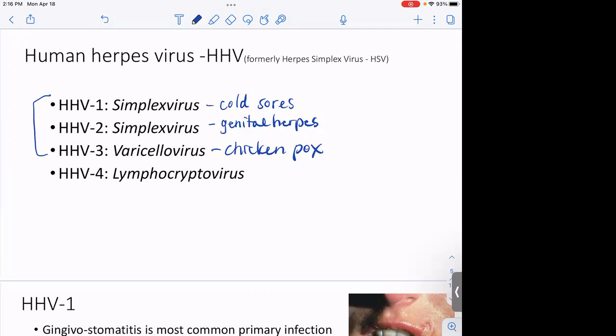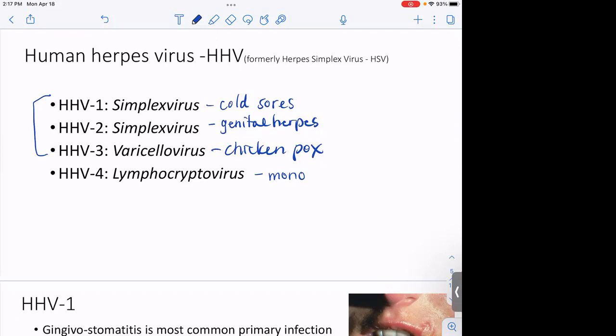HHV4, I just wanted to quickly mention that because some of you have experienced that. Lymphocryptovirus, also called Epstein-Barr virus, also the causative agent of mononucleosis. Okay, which is essentially that herpes virus goes latent in B cells.